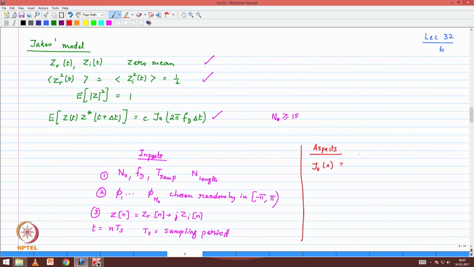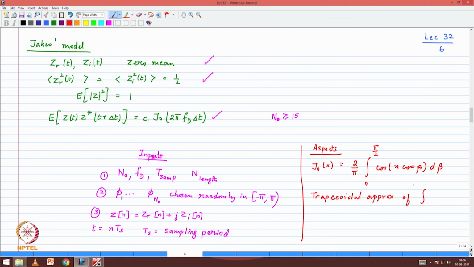For J0 of x, we have used the expression 2 by pi, integral from 0 to pi by 2, of cosine of x cos beta d beta. That is the expression for J naught, and we have used the trapezoidal approximation of the integral.